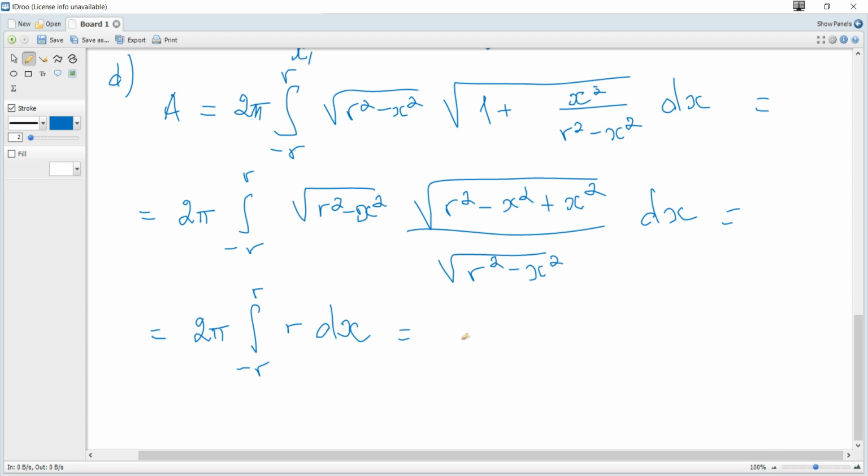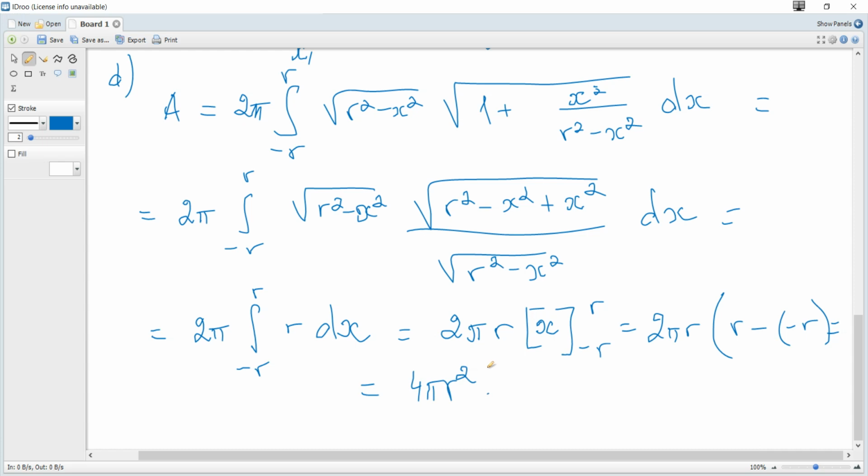It is equal to 2 pi r, since r is constant with respect to x, and the integral of 1 dx is just x, with limits from negative r to r. So it is 2 pi r times the upper limit minus the lower limit, which becomes 2 pi r multiplied by 2r, so it's 4 pi r squared as required.